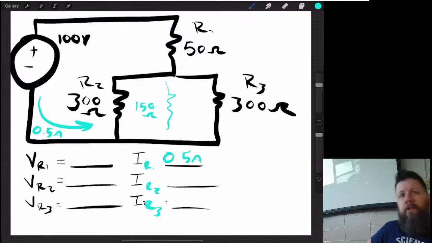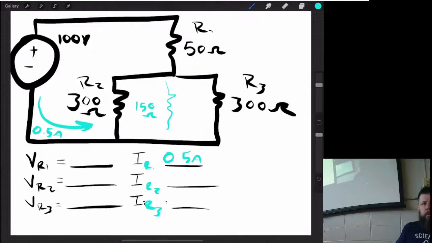That ghost resistor is going to dictate how much voltage drop I have across those two, right? So how much voltage drop will I have across R2 and R3? Well, we've got 0.5 amps going through an effective resistance of 150 ohms. So what would that be?